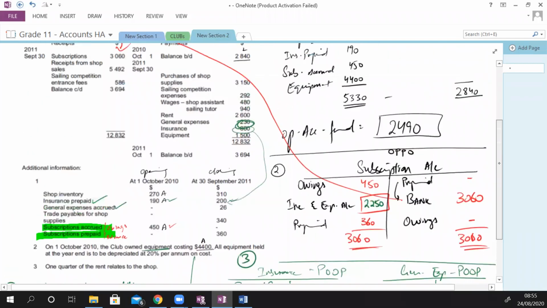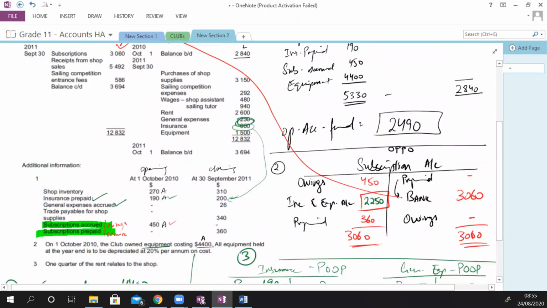ये गलती की हमने। हाँ, we had also purchased equipment. ठीक है, this was the value of equipment held at the start of the year.